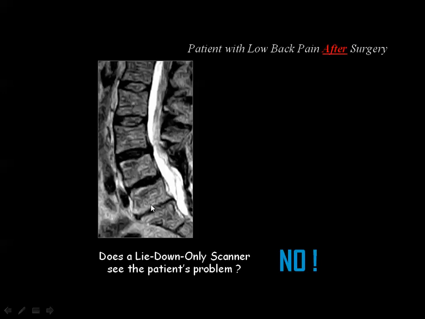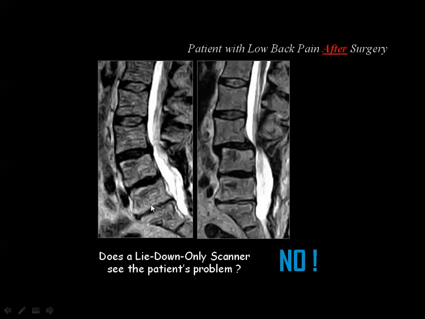But whenever you have the image while the patient is in the upright, weight bearing position, you can see that there is significant instability at the L3-4 disc level, and you can see marked narrowing of the spinal canal, and this is the source of the patient complaint.